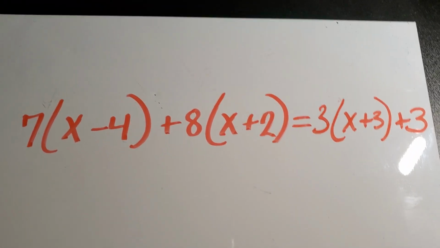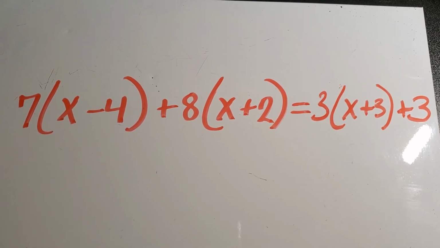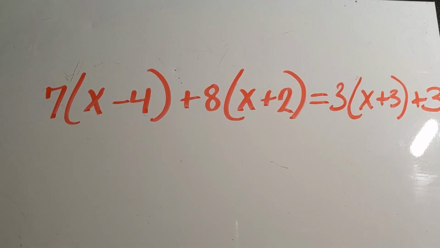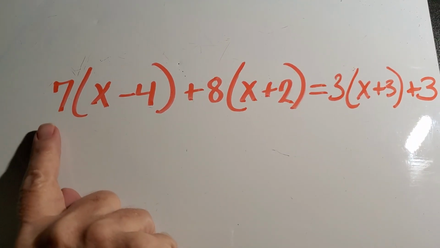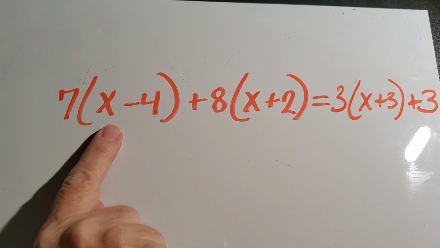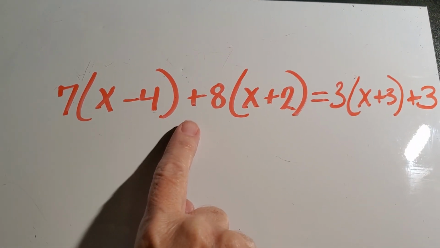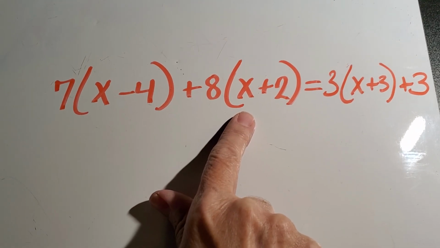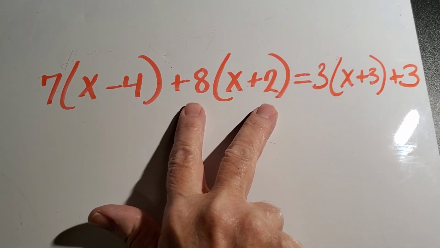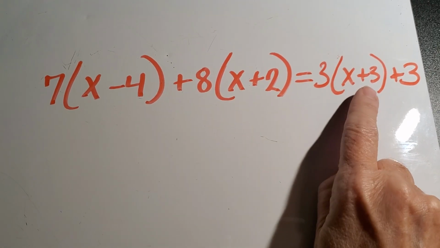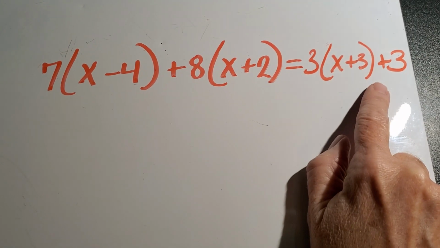Next, I want you to copy this problem down on your paper, and I want you to solve it on your own. Remember, you're just going to start by taking 7 times x and 7 times negative 4, and then adding 8 times x and whatever 8 times 2 is, and then equals, and you're going to have 3 times x plus 3 times 3, and then plus 3.